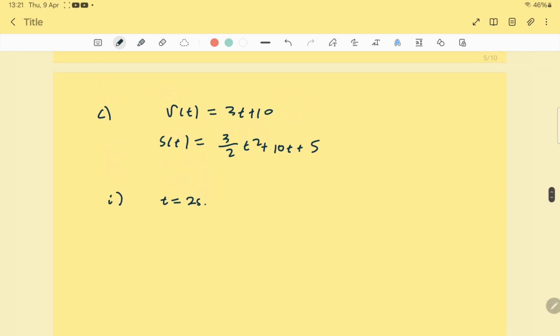So for t equals 2 seconds, I have v of 2 equals 3 times 2 plus 10, so that's going to be 16 meters per second.